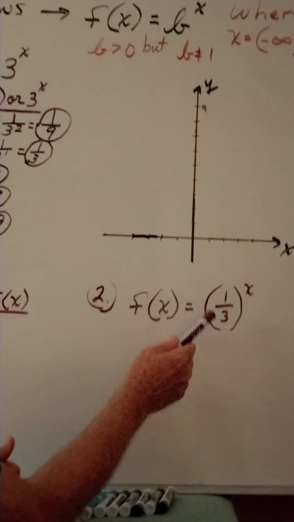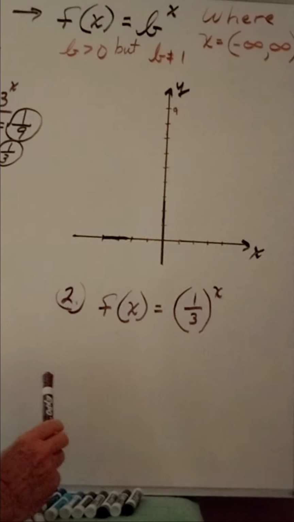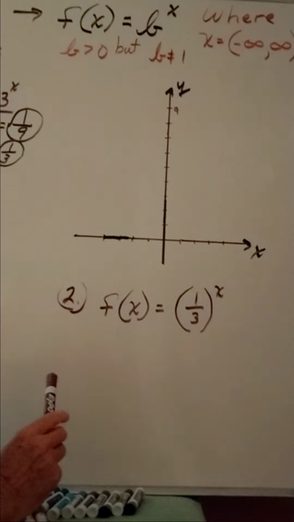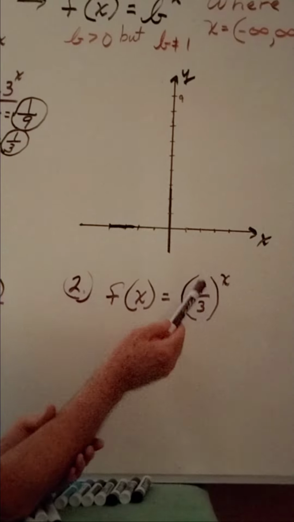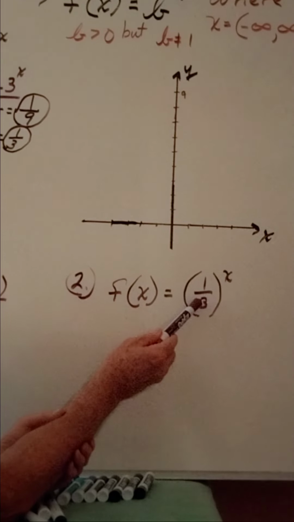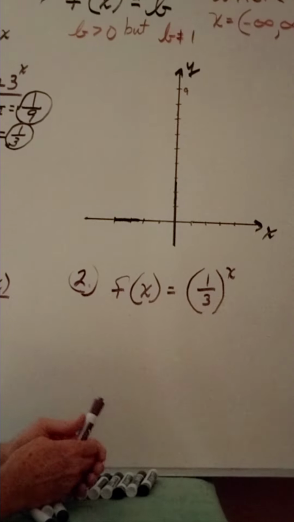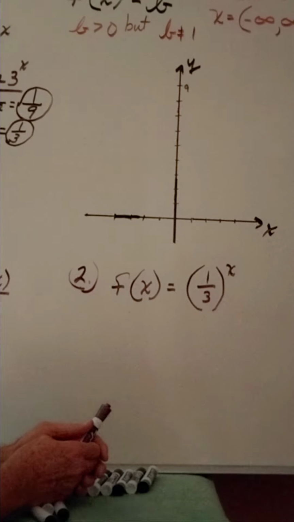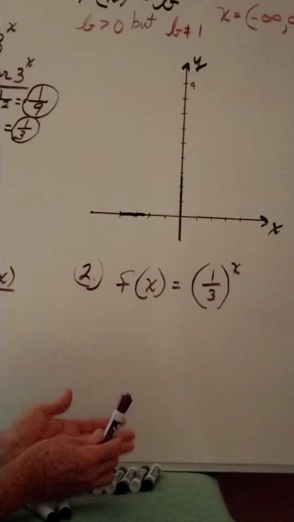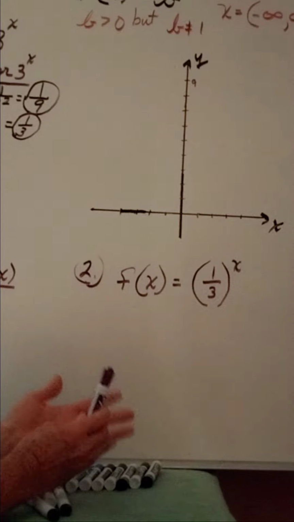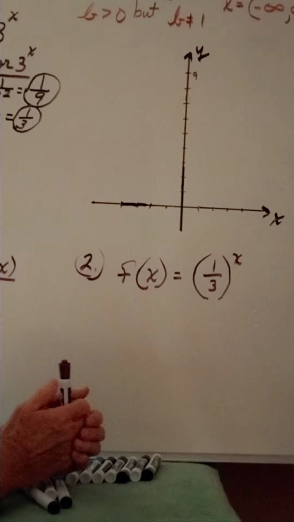But in terms of working with this, it would be much, much easier to come up with values of y if we were to somehow be able to take that base and make it become an integer as opposed to that fraction.